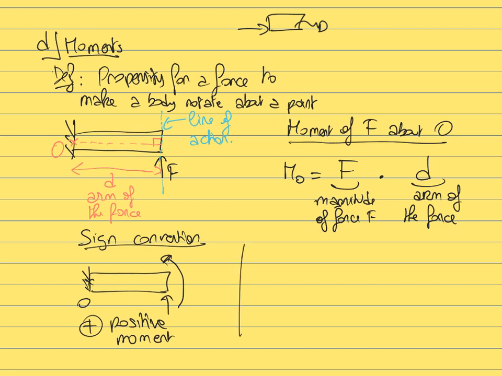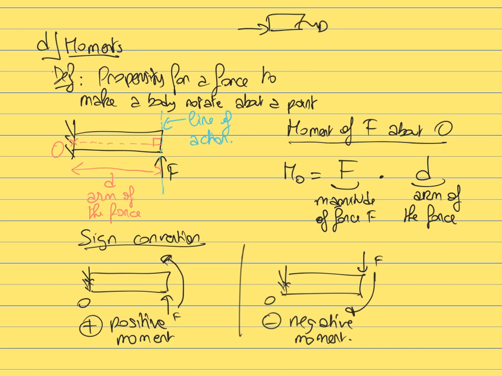On the other hand, if you have the opposite case, where you have a body like this and you apply a force like this, then this force tends to make the body rotate in a clockwise way about the point O. By convention, we refer to that as a negative moment. So positive moments make the body rotate anti-clockwise, and negative moments tend to make the body rotate clockwise about the point at which you want to calculate the moment.